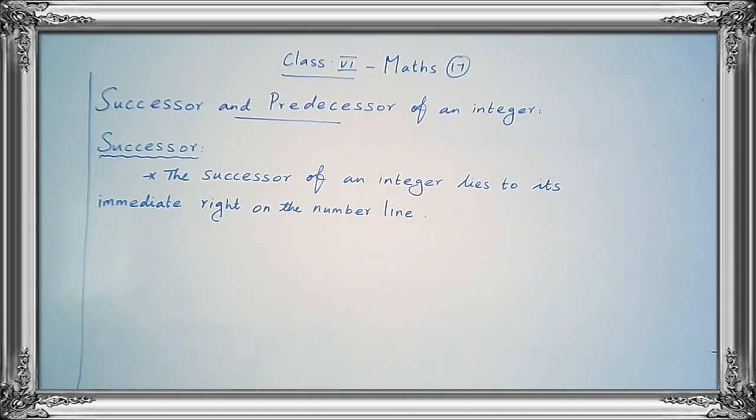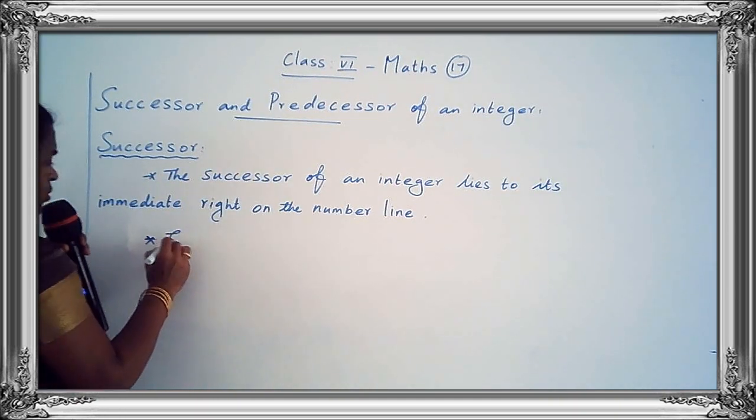After that, leave one finger space and write the subheading: successor. The successor of an integer lies to its immediate right on the number line. You write examples also.